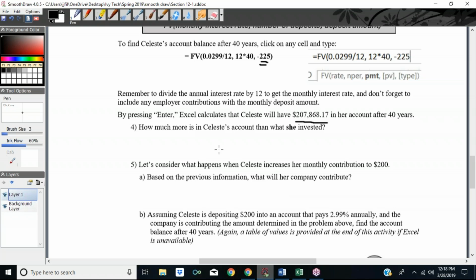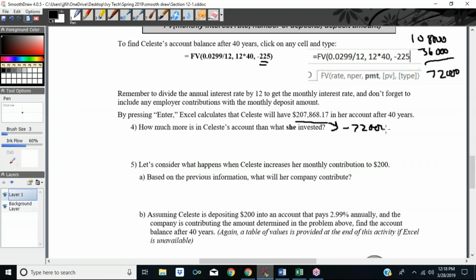So it says, how much more is in Celeste's account than what she invested? So we would just take that number minus what she invested. How much did she invest? Well, she invested 108,000 minus what the company invested, 36,000. So she invested 72,000.